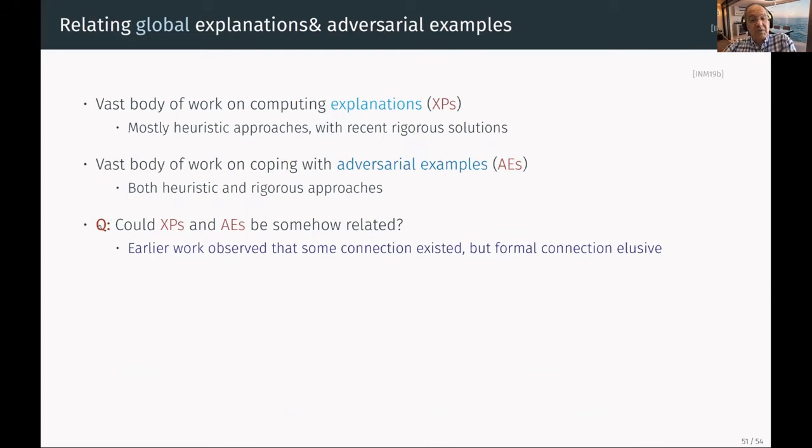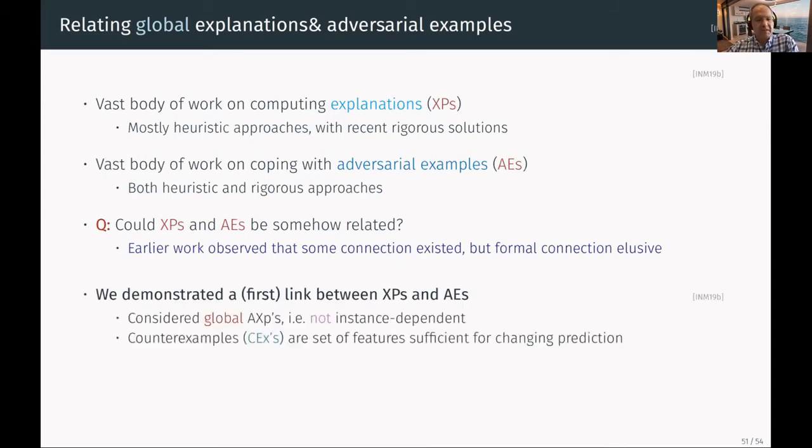And so the question that we asked ourselves was, can explanations and adversarial examples somehow be related? At the time, this was 2019, there was some paper saying there seemed to be some connection, but really it had been elusive for most researchers.